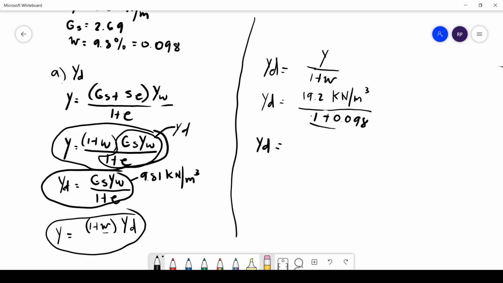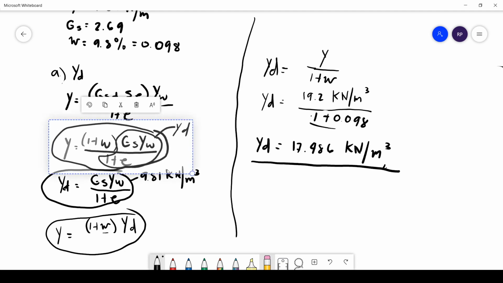Solving that with your calculators, we would have 17.486 kilonewton per cubic meter. So that is our answer for letter A.